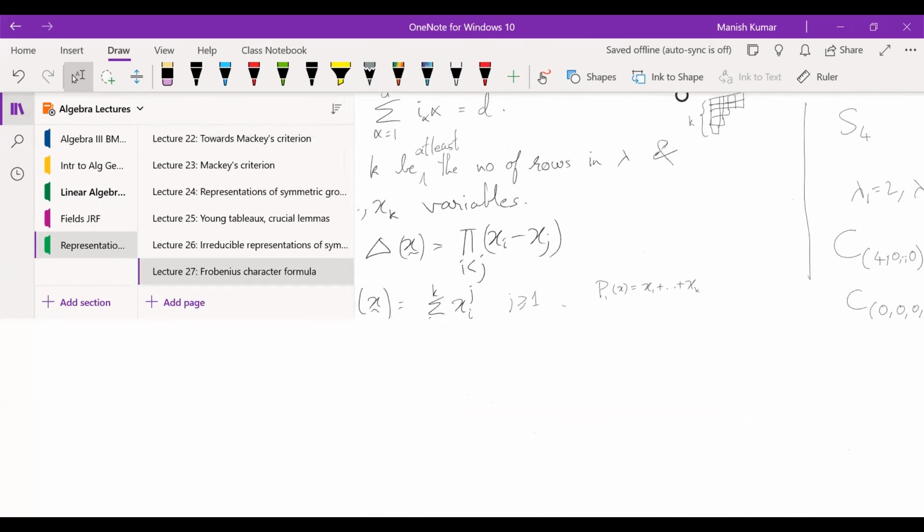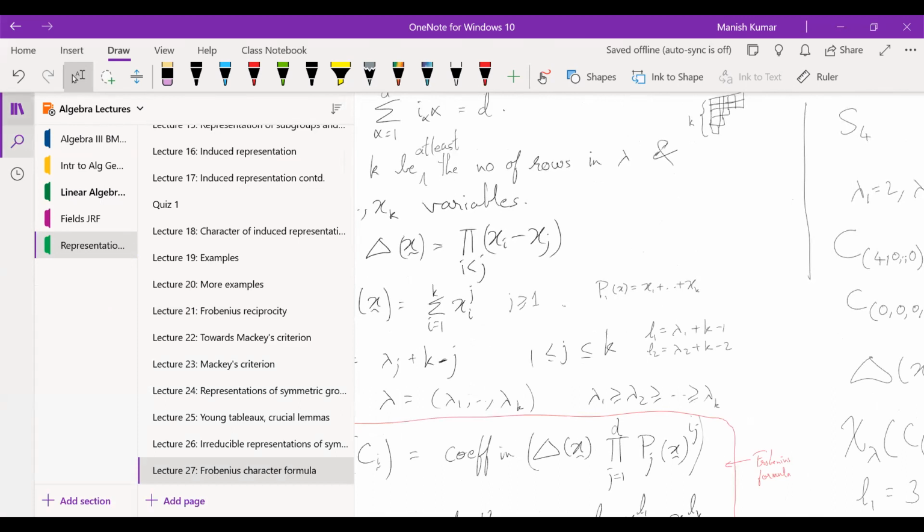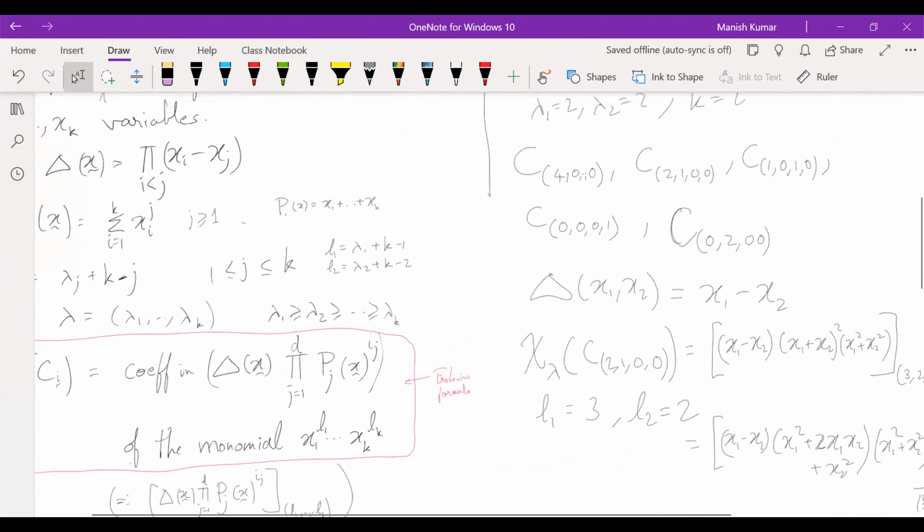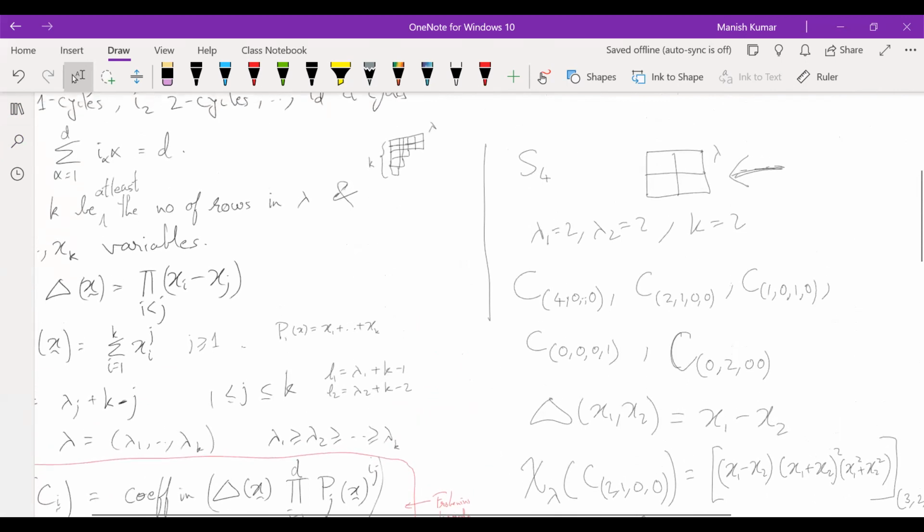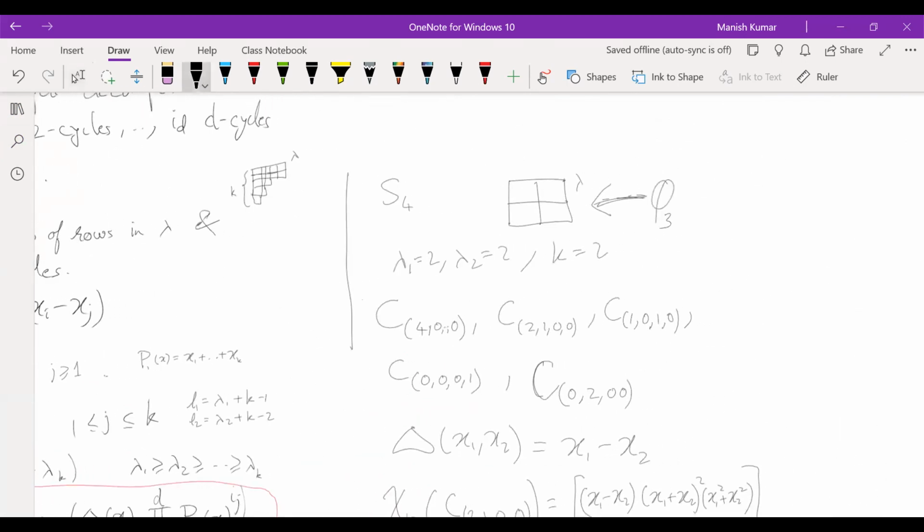So if you want to compare it with the various ones, this corresponds to phi3, the first one.